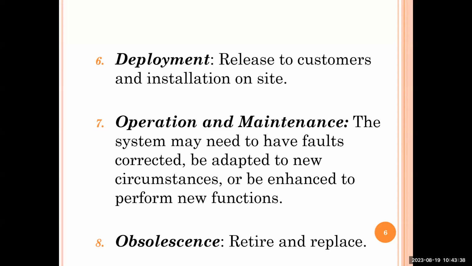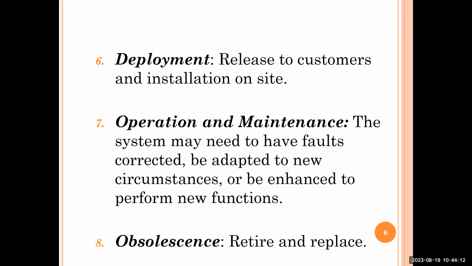So you will have to take this software off and get a new software system developed for the current day hardware infrastructure and the current day requirements. So whatever you make or however good the system is, there will be a time that you will have to discard the software system.